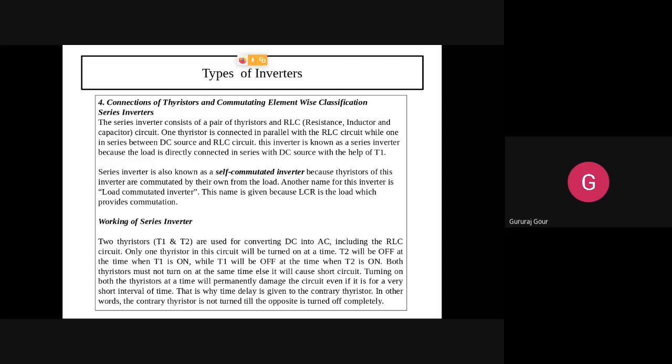So the fourth type of inverter classification is based on how the connections are made between the thyristors and different commutating elements. That you can see in the slide here.